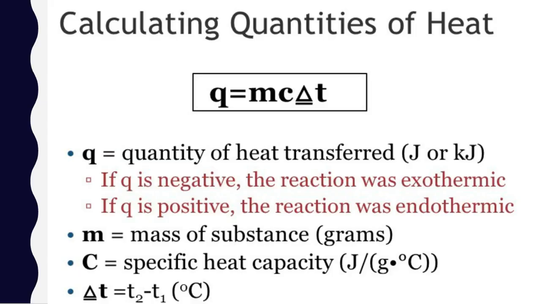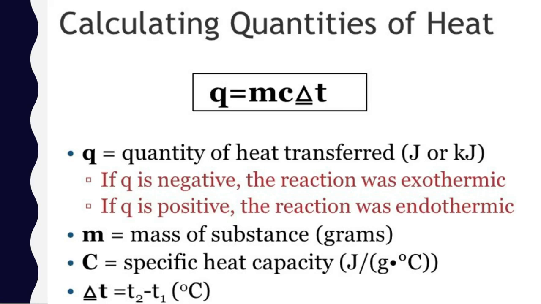Now, this equation should not be unfamiliar to any of you. Q = mcΔT, where ΔT is the change in temperature, c is the specific heat capacity of the substance, m is the mass of the substance in grams, and Q is the quantity of heat transferred.